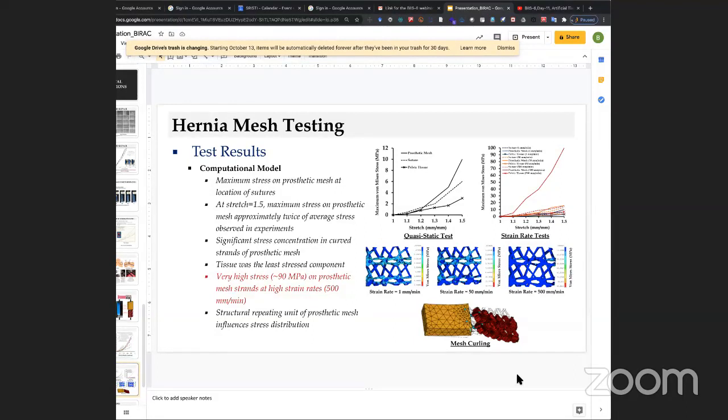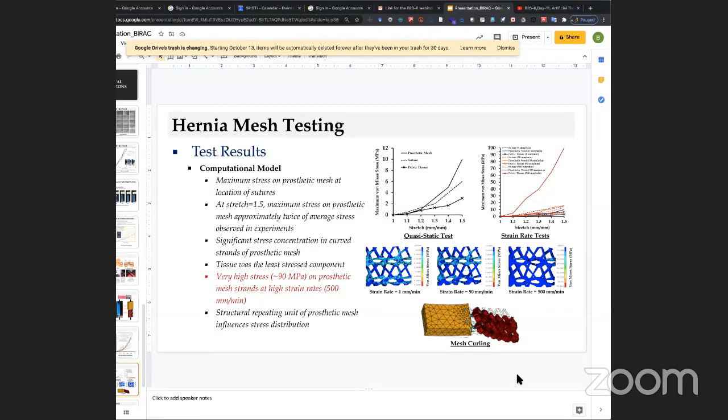We have looked at the unit cell design. If you look at some of the designs here in the sky blue or lighter blue condition, that is where the stresses or strains are mainly concentrated. So based on that, we have identified that the unit cell design, or the repeating design inside that mesh, is the main culprit.